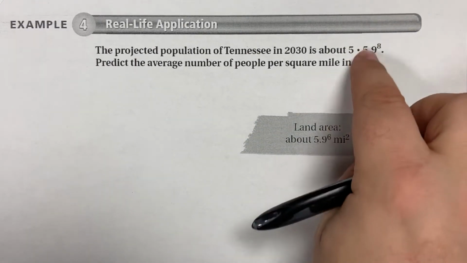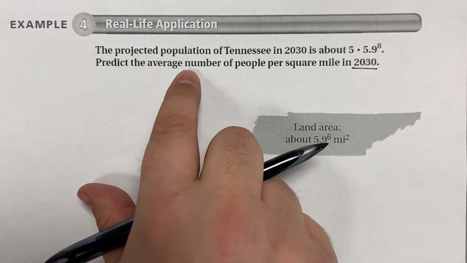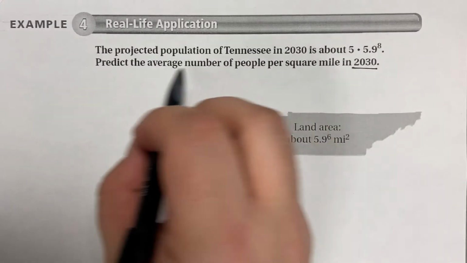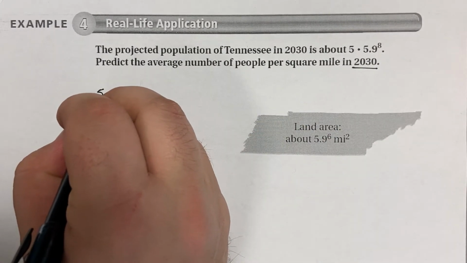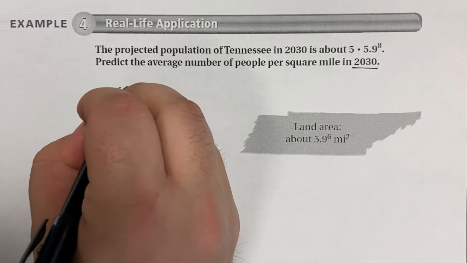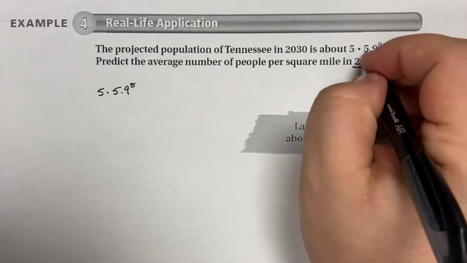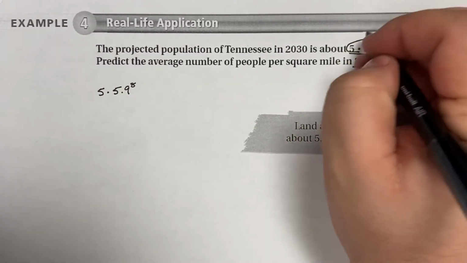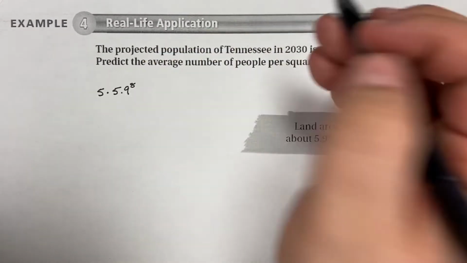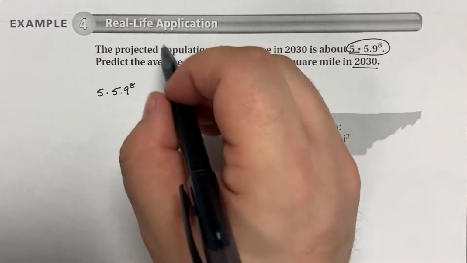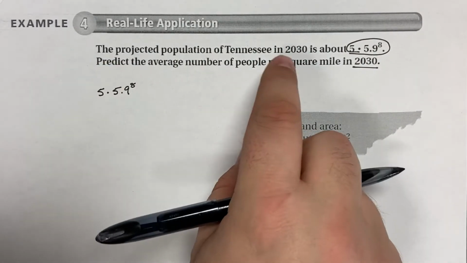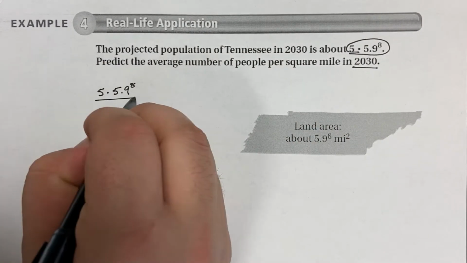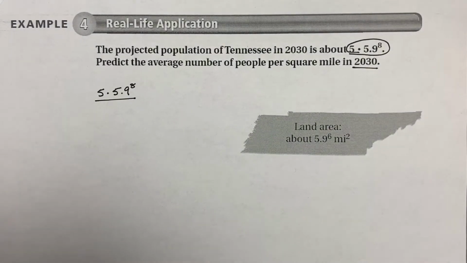So let's see how we set this up, because an average means you take the total population, 5 times 5.9 to the 8th. That's from this guy right here. This is the projected total population. It doesn't say the word total, but it is the projected population. And we're trying to find per square mile, so per is our fraction bar.